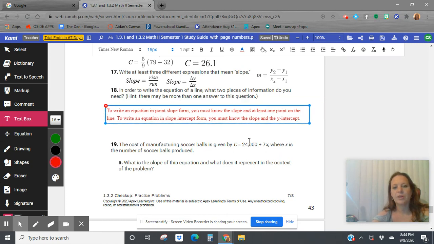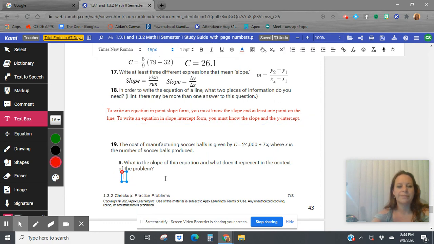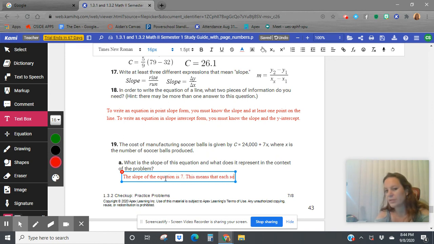Cost of manufacturing soccer balls is given by this function. What is the slope of the equation and what does it mean? The slope of the equation is 7. This means that each soccer ball is $7 for the cost to produce it.